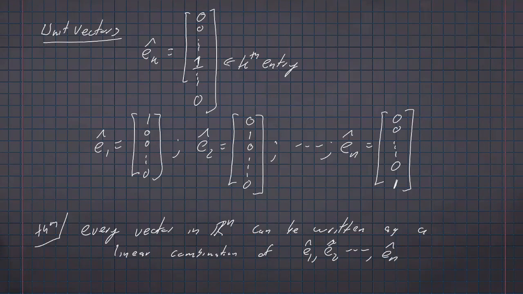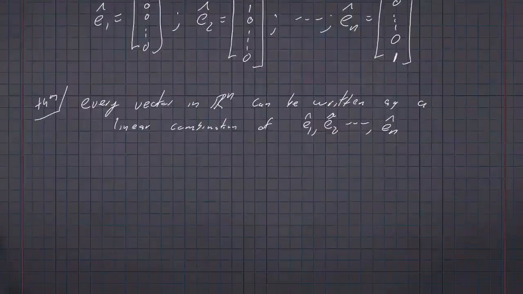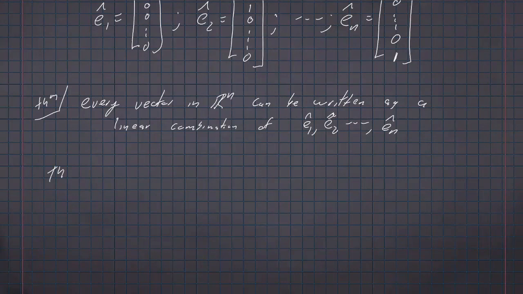So taking all of those unit vectors and taking a linear combination will give you whatever vector you'd like. And the proof of this is fairly straightforward.